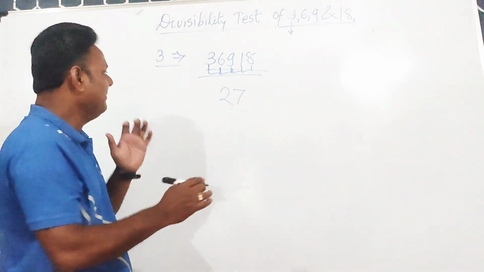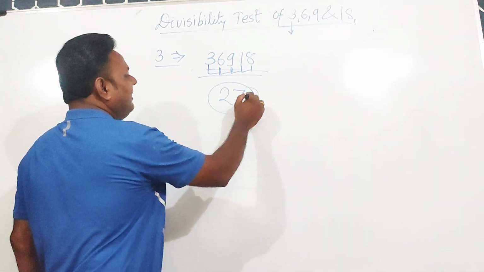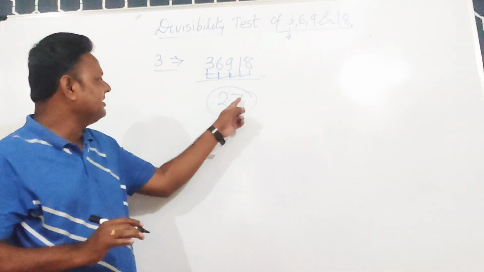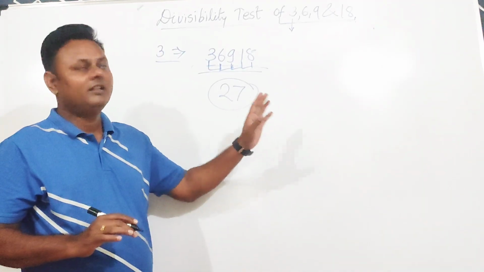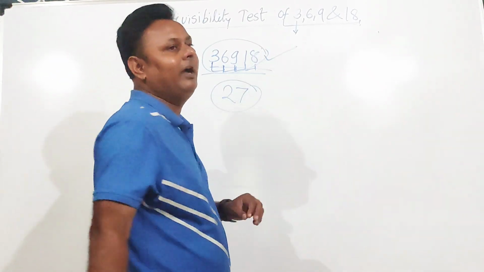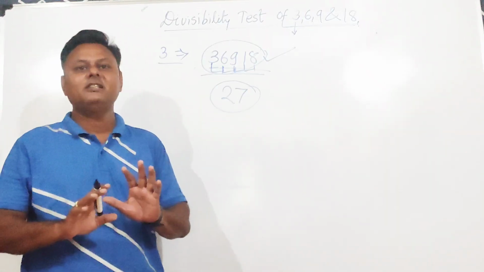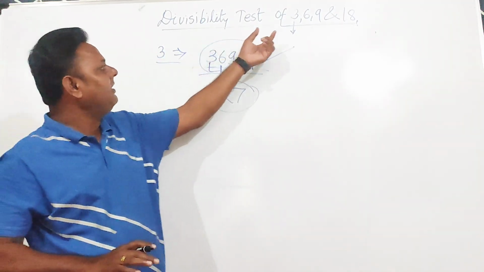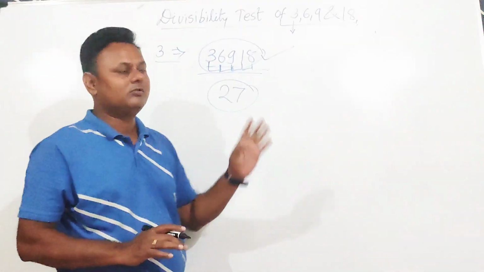It is very simple. You know that in the table of 3, nines are 27. It means this number is divisible by 3. That's why the whole number given here is also divisible by 3. A very simple test.